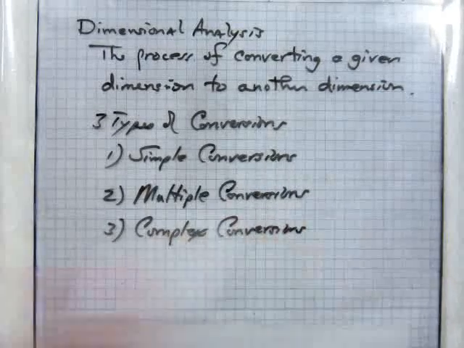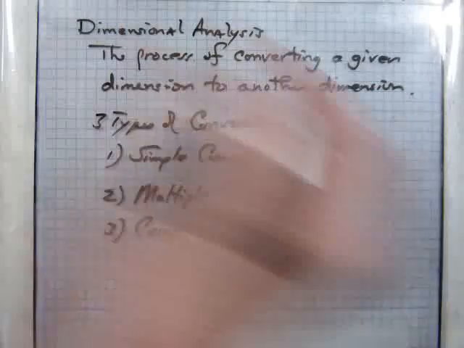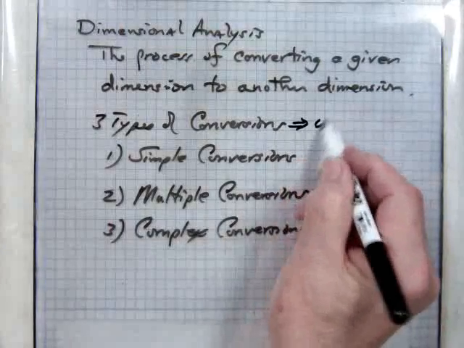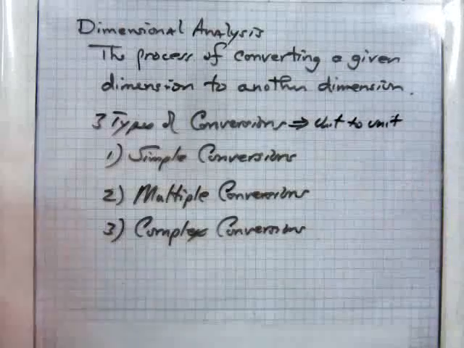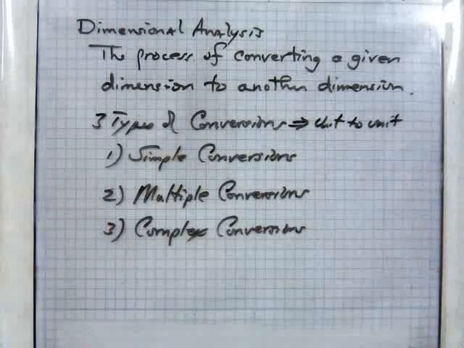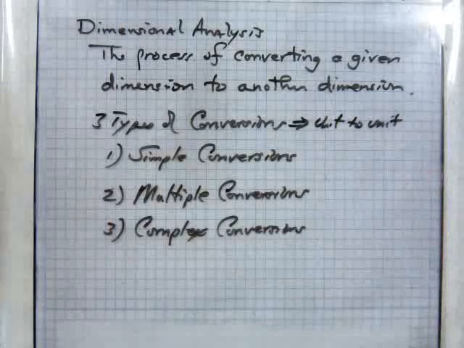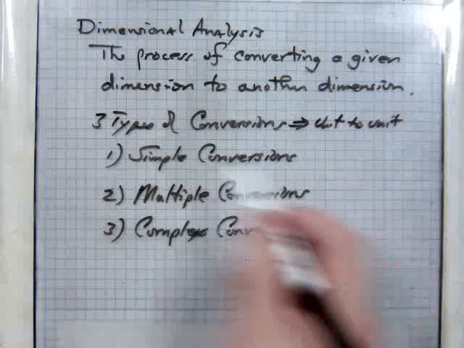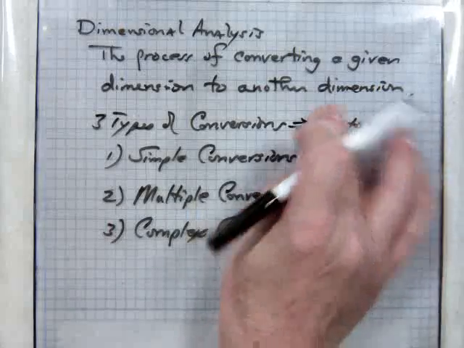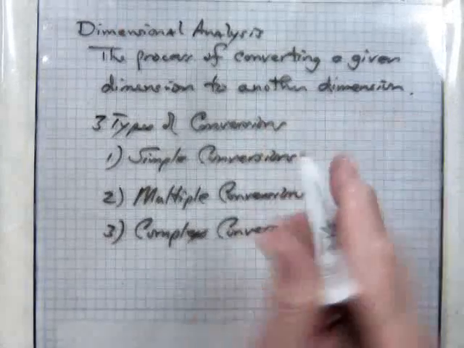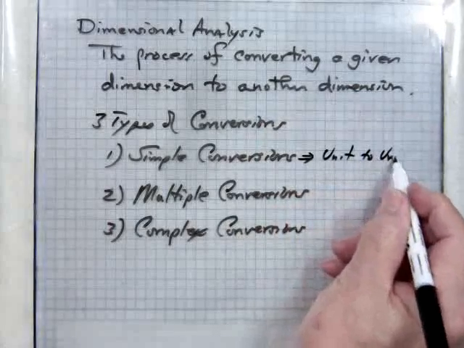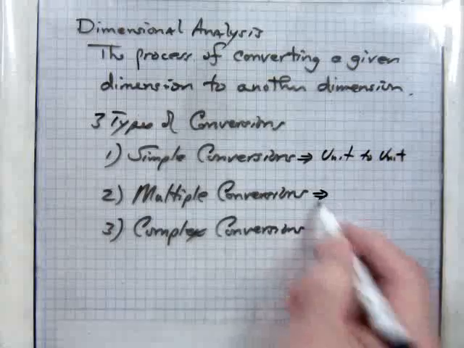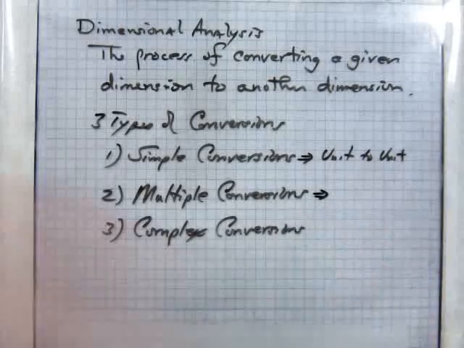Now, if we're talking about a simple conversion, that's a unit-to-unit conversion. Grams to pounds or pounds to grams. So we don't have any crossovers like that. Multiple conversions are squares and cube conversions.